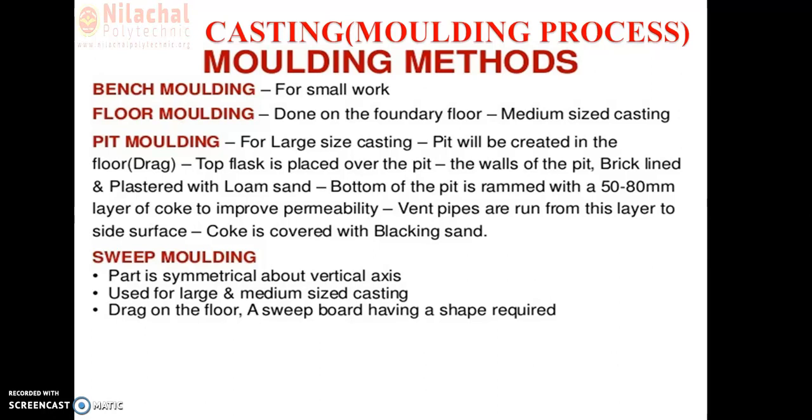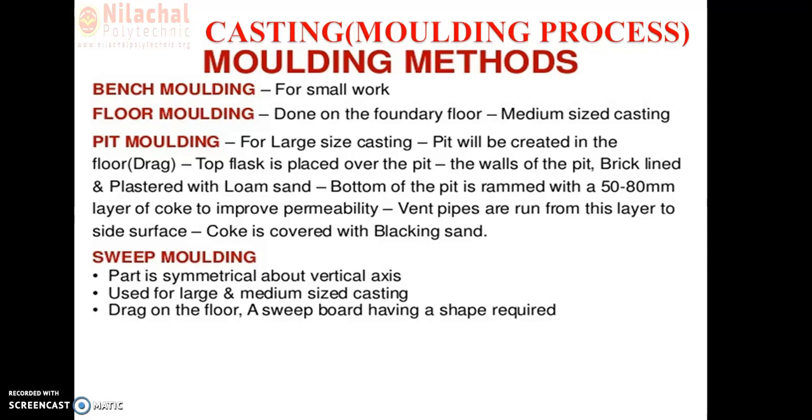Then let us discuss the next method, which is named floor molding. Floor molding work is carried out on the foundry floor when the mold size is large and molding cannot be carried out on a bench. That means if you are not able to prepare the mold on a bench, then we go to the next molding method, that is known as floor molding.